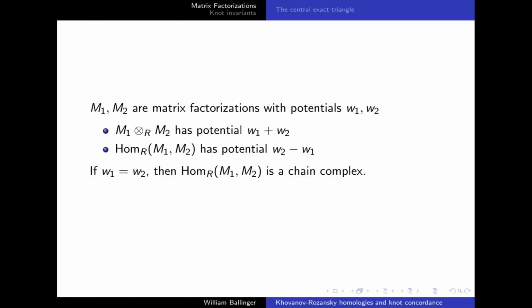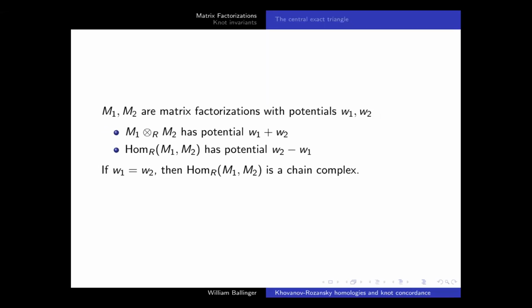So concretely, that just means that a chain map f from M1 to M2 is a map f with the property that f d1 equals d2 f, because the differential in this chain complex is taking commutators with the differentials of M1 and M2.